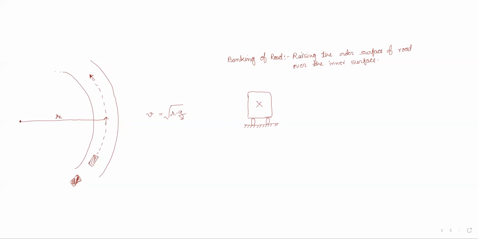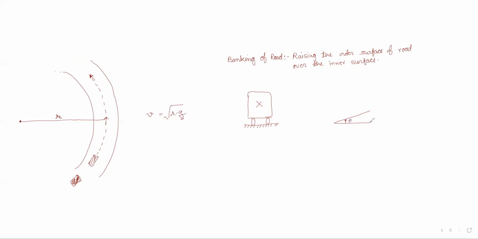Banking of road says that raising the outer surface of the road over the inner surface means, instead of making that vehicle travel on a road which is flat, we raise the outer surface of the road over the inner surface by, let us say, some angle theta.